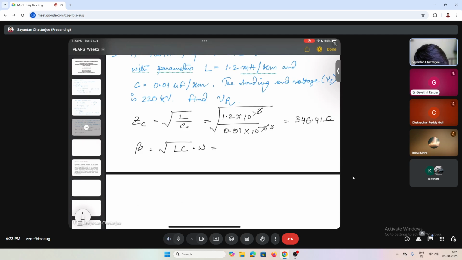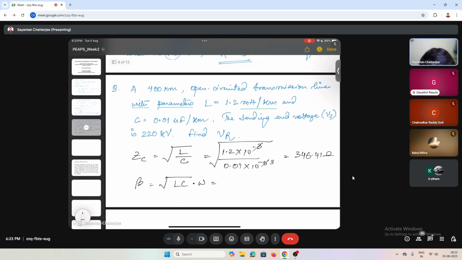And you will have to consider the frequency as 50 hertz.